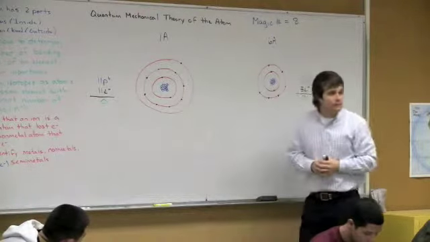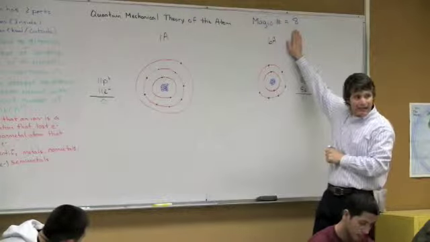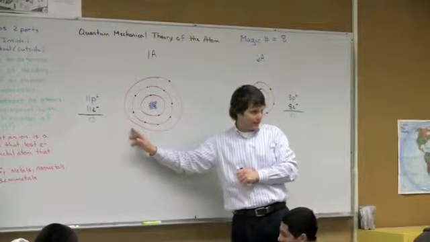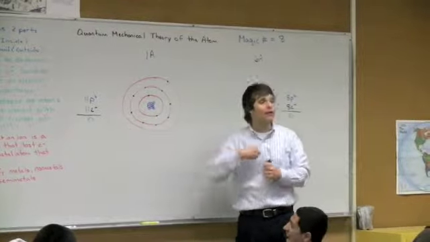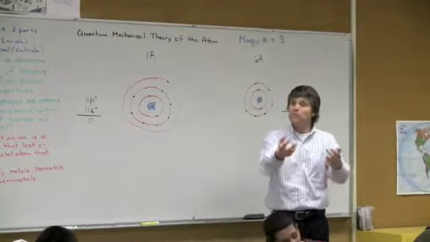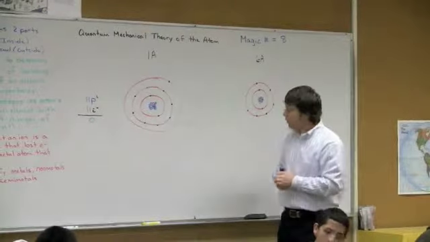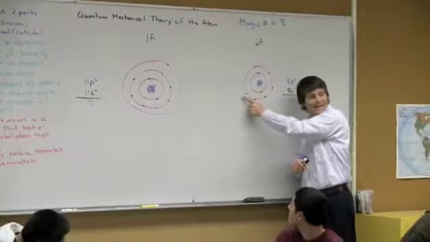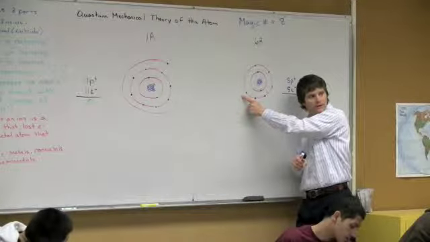Our magic number is 8. That means every atom wants to get 8 electrons on the outside energy level. And it will do it by either losing electrons or gaining electrons. What I want you to notice is oxygen already has 6 outer electrons.